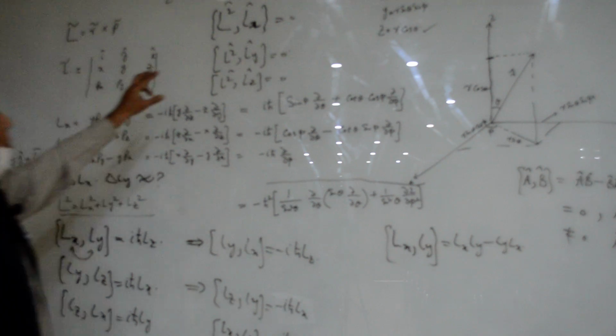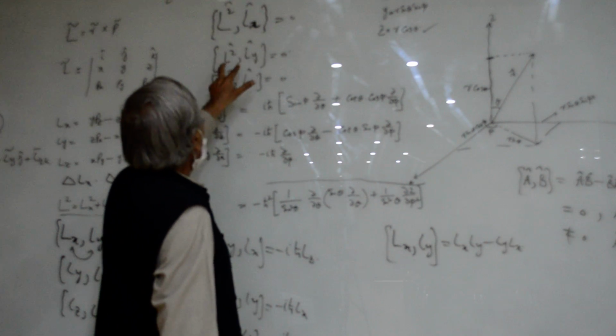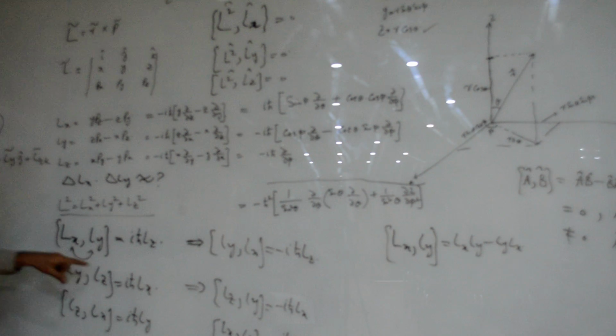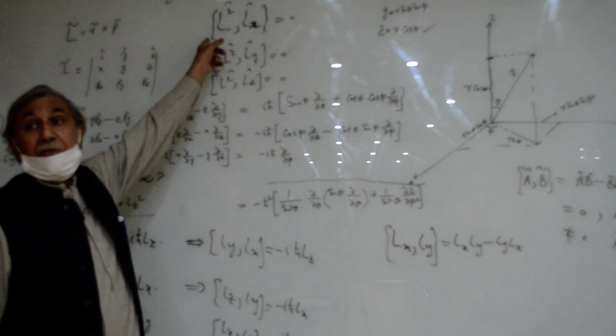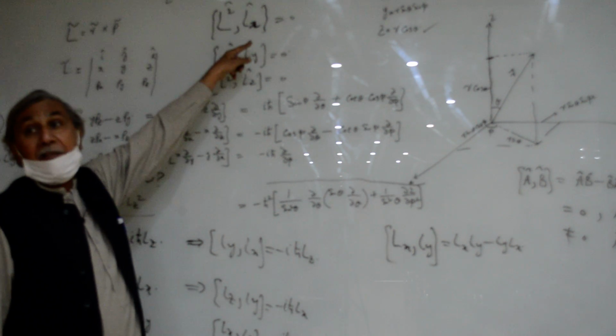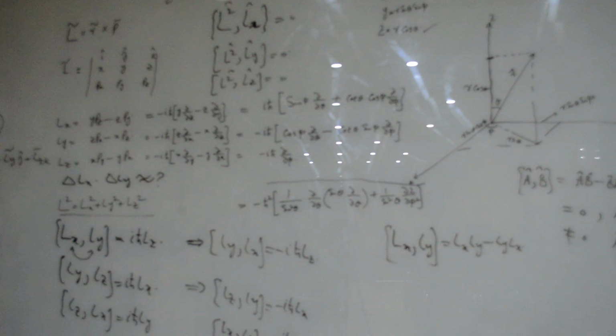There is no uncertainty in measurement of L square with Lx, L square with Ly, L square with Lz, but there is uncertainty in Lx, Ly and Lz, so it means there is uncertainty there, but L square will not show any uncertainty product. It will not show delta L square, delta Lx is equal to h bar over 2 pi, something like that. Okay, so it means that if you have this expression to represent L, then there are uncertainties in there.